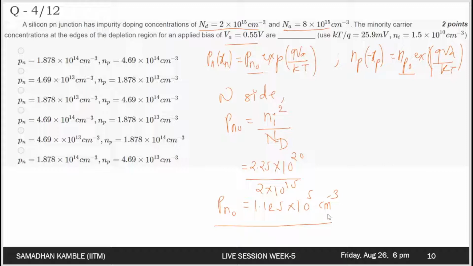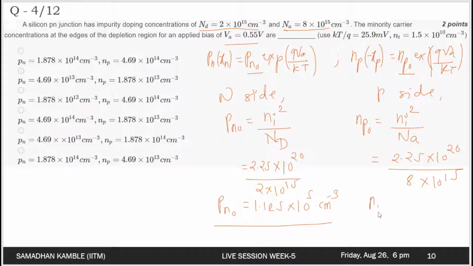Similarly, for the P side, we can find the value of NP naught, which is again Ni squared over the acceptor concentration. So 2.25 times 10 to the power 20 divided by the acceptor concentration given as 8 times 10 to the power 15.